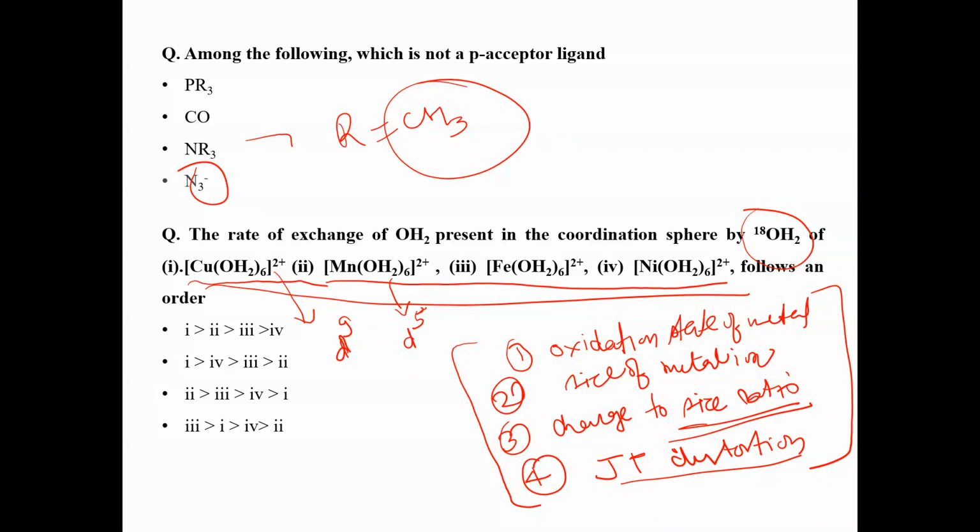So just compare their ionic radius. If the radius is higher, you will get a high exchange rate, because the metal having low size will effectively participate in the bonding with the ligand, and the bonding will be very strong, so that complex will be mostly inert.